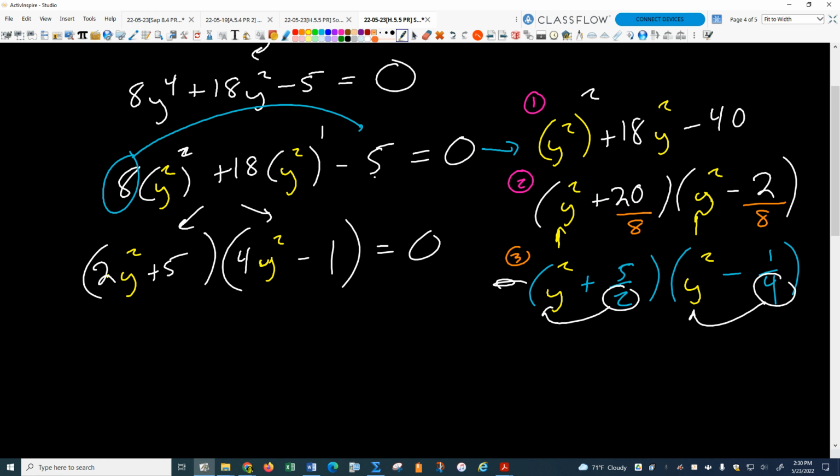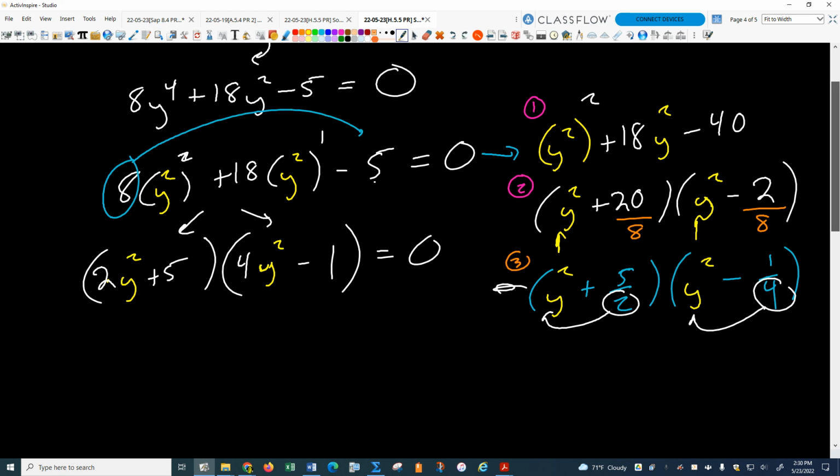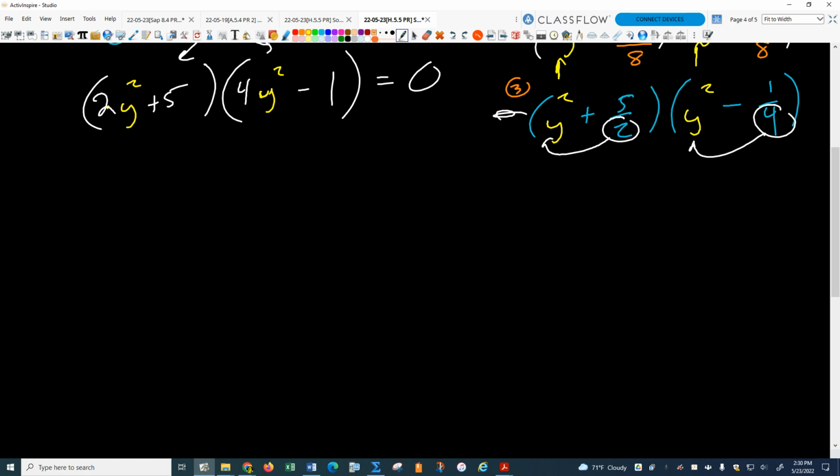And now all I've got to do is just set the two factors equal to 0 and isolate y. I could factor this one with difference of squares, but you don't need to. You can just set it equal to 0 and solve that simple quadratic equation by isolation. So let's do those last steps.